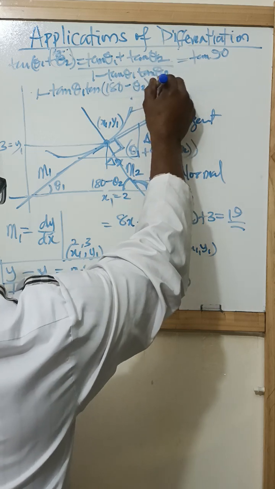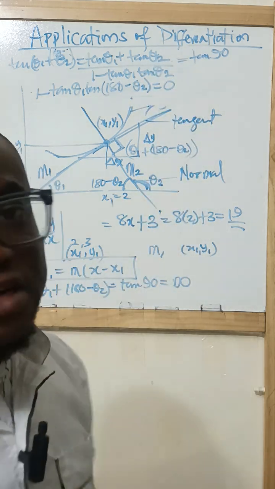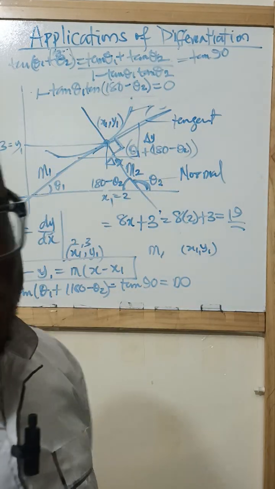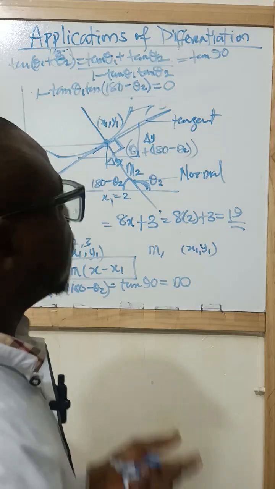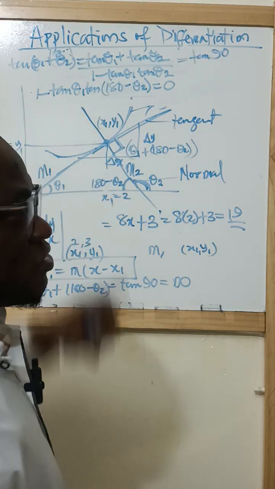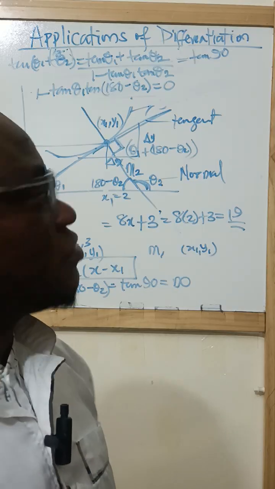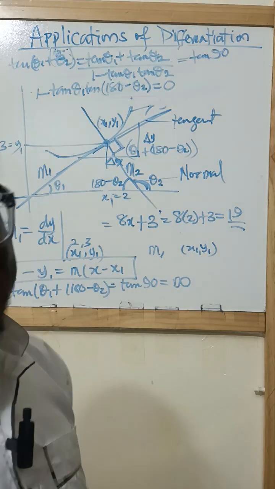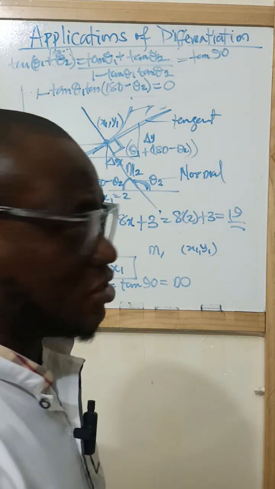Okay? Equals 0. And then what is tan of 180 minus theta 2? That is in the second quadrant. If we use this particular formula, we can still express it. We're going to get minus tan theta 2, right? Tan of 180 minus theta 2 is the same thing as minus tan theta 2 because that is in the second quadrant.